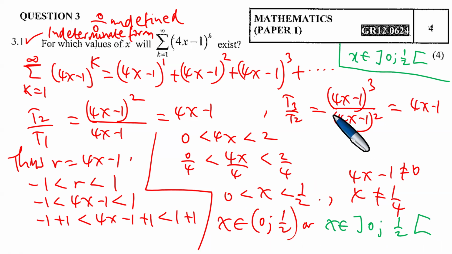So we have the result, and we have been able to solve that particular problem. We proceed to the next question. Just to mention, in 3.1, for which values of x will the summation exist? The summation will exist whenever x lies between 0 and 1/2.